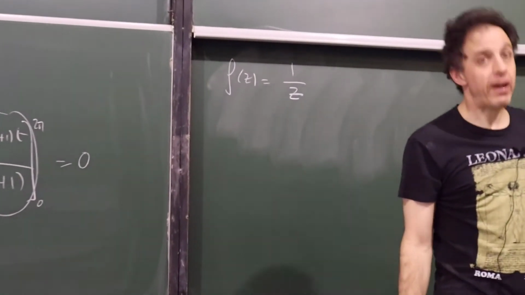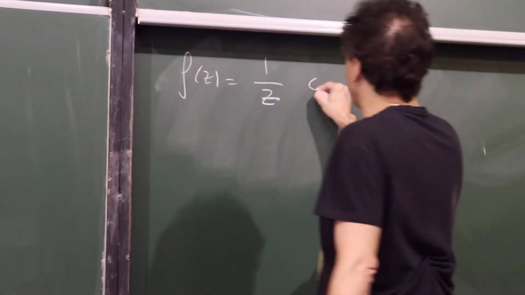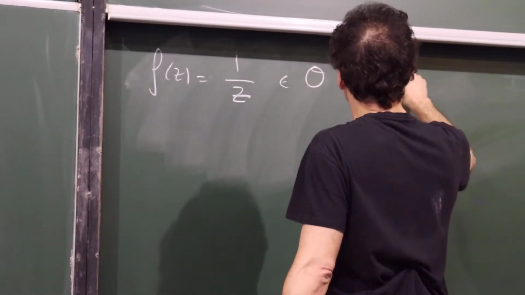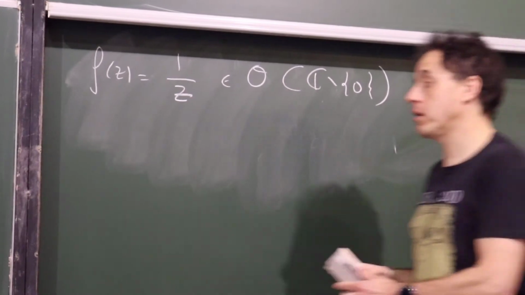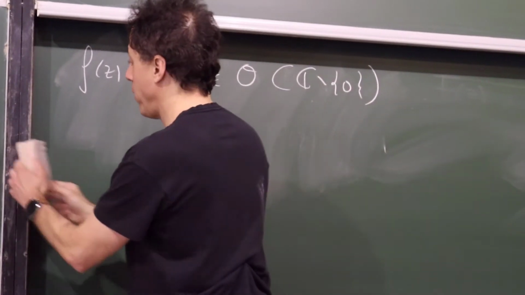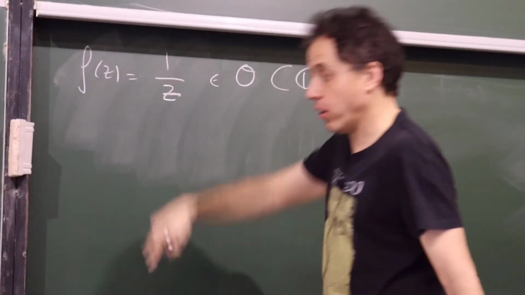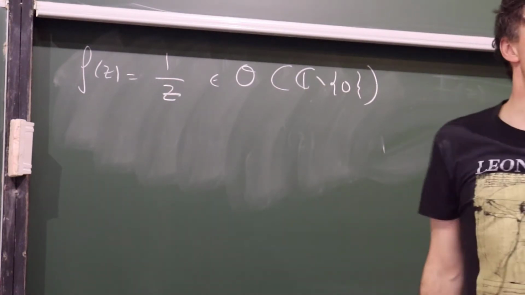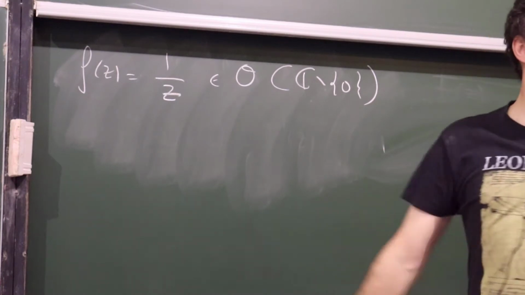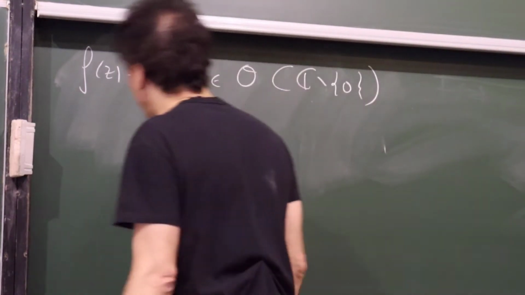1 over z is a holomorphic function, defined on C minus 0. And assume we have that path here, the round path around the origin. So this is a path defined in the domain of definition of the function. And what is the integral?